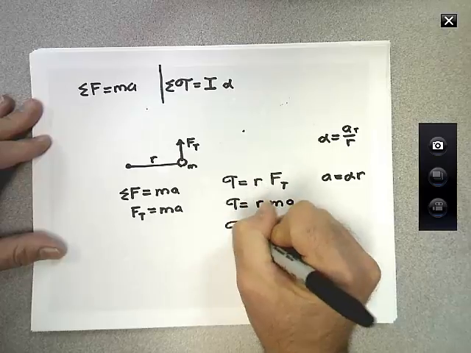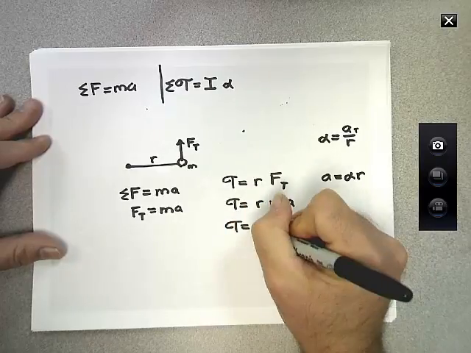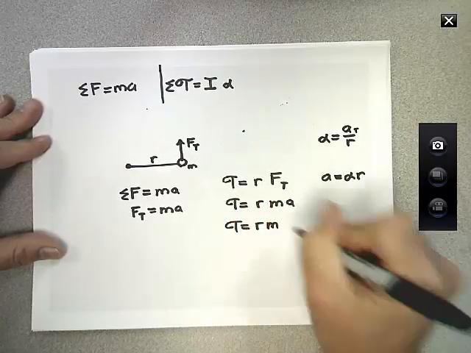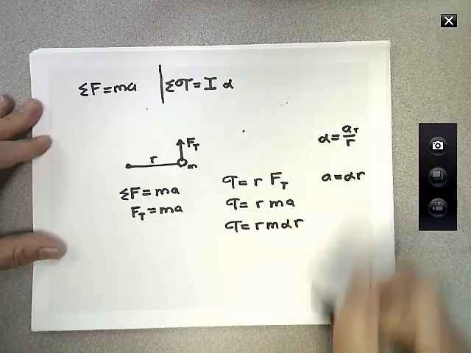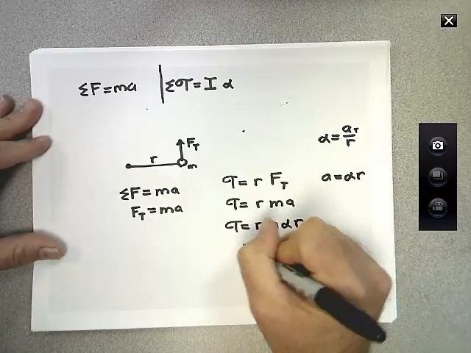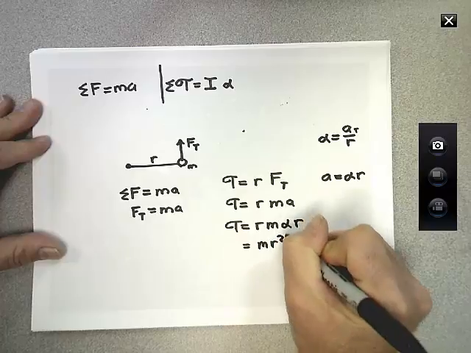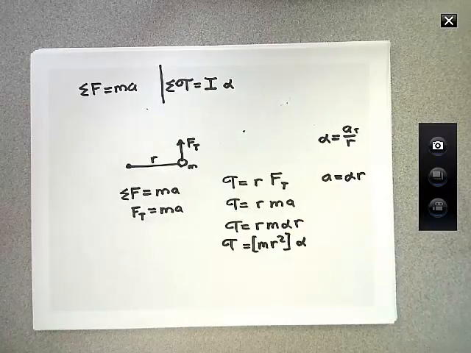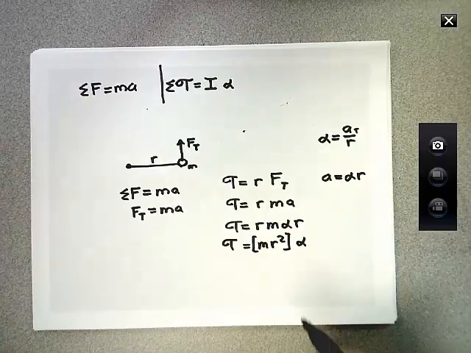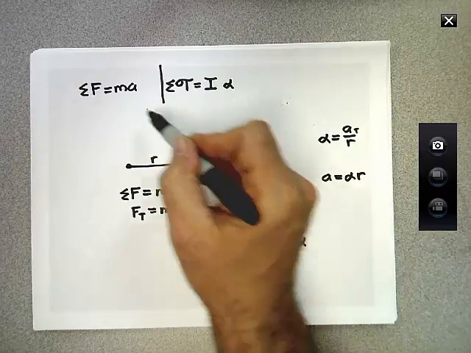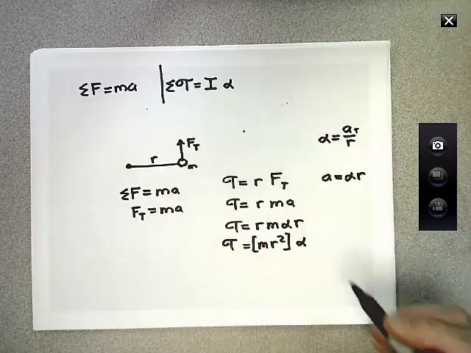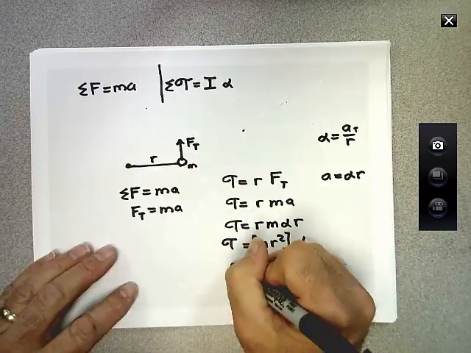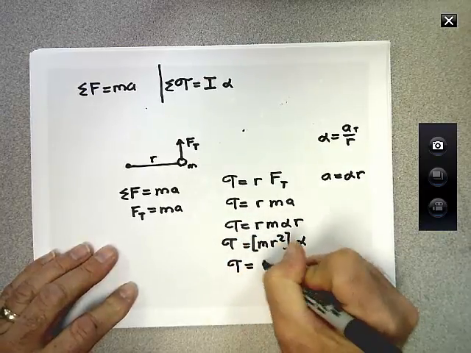So if I make that substitution, I've got r times a times alpha r, or mr squared times alpha. Now we know the rotational inertia of a single particle going in a circle is mr squared, so I could change this to I alpha.